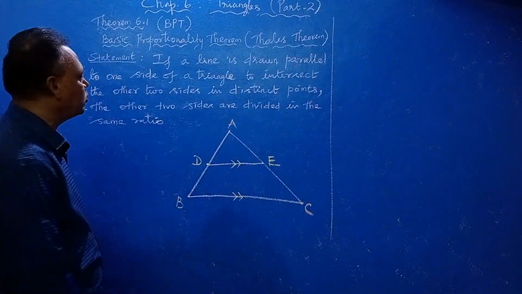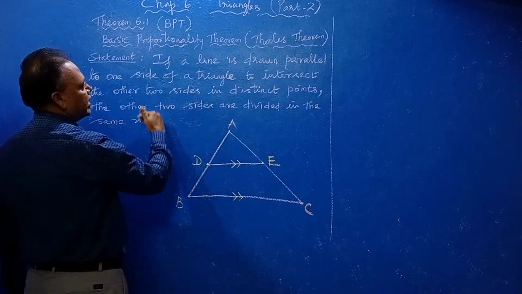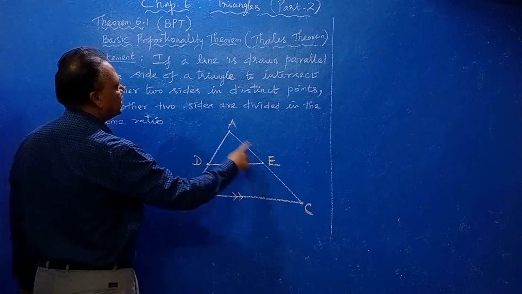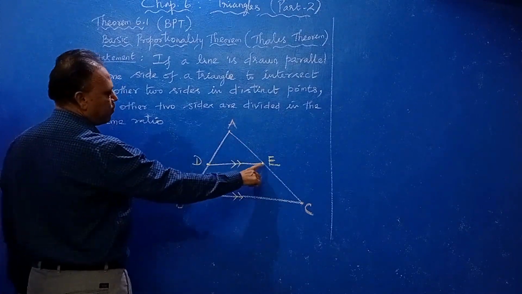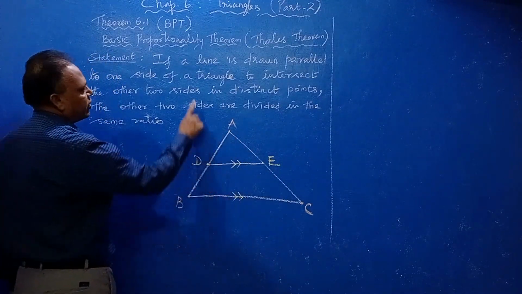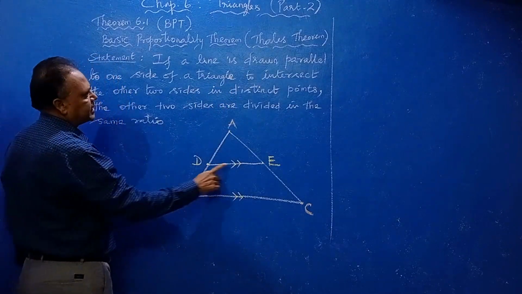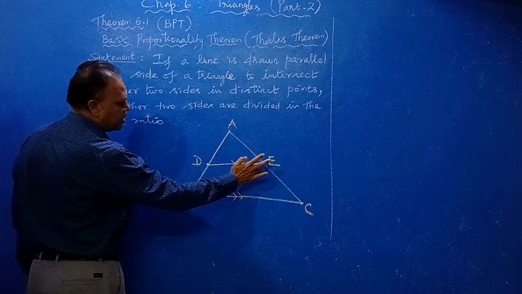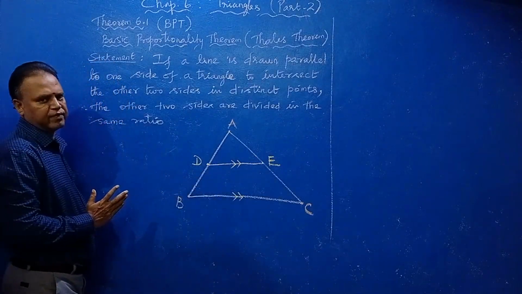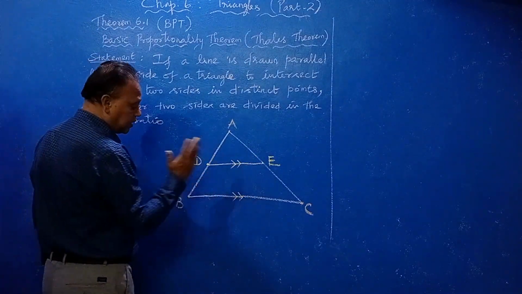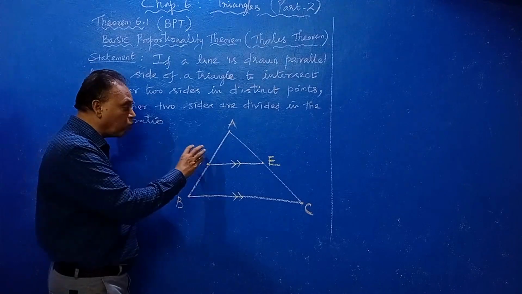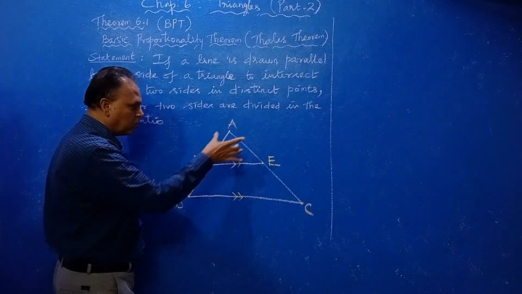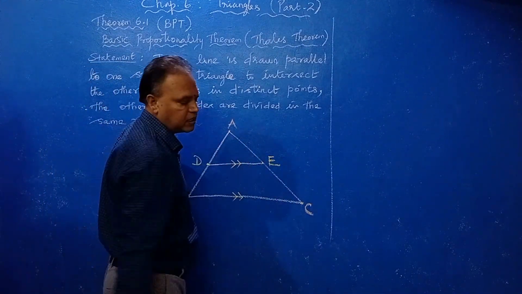Now to prove this, what is given: in a triangle, a line is drawn parallel to one side to intersect the other two sides in two distinct points, that is DE parallel to BC, given. You have to prove AD by DB equals AE by EC.